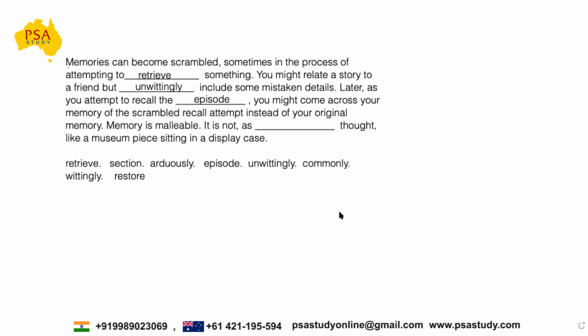Wittingly will not come. So we have only two options, either odiously or commonly. So the hint is there in the second half of the sentence, like a museum piece sitting in a display case. So what we find in museum, very common thing, right? So commonly will come.